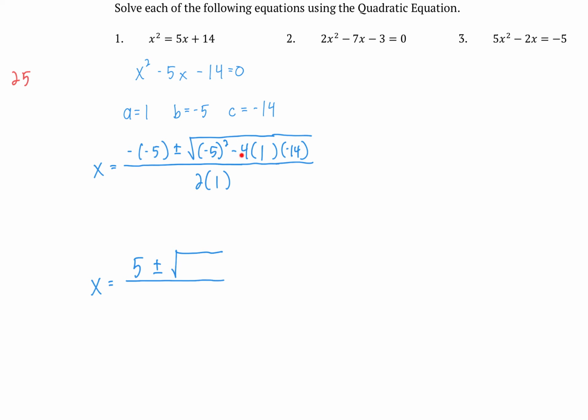And then 4 times 14 is 56, and it's minus and you have a negative here. If you multiplied these 3 things together, that would be negative 56. So it's really minus a negative 56, which is plus 56. Okay, and if you add those, that's 81, and so that goes here in the square root. And then the bottom is just 2.